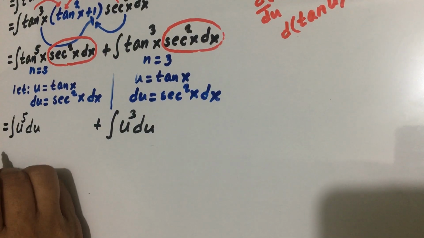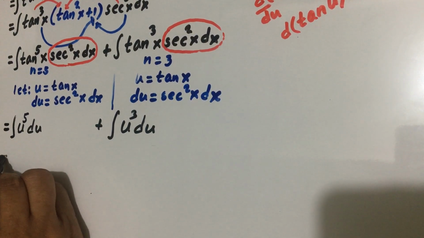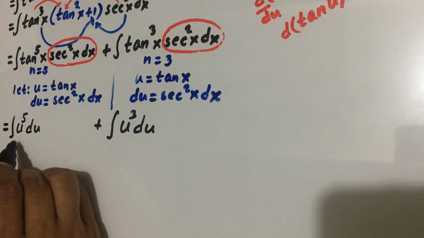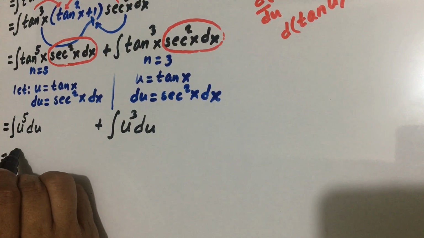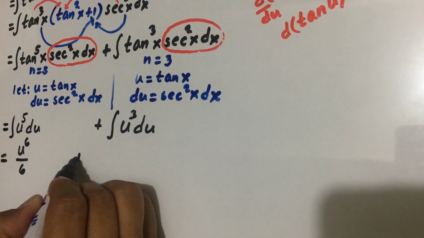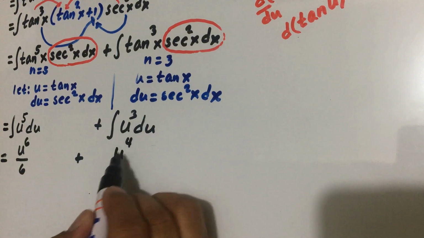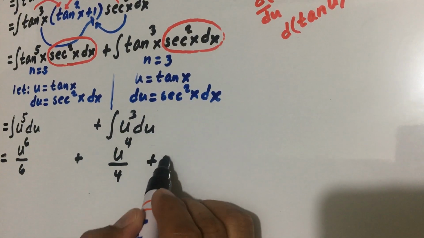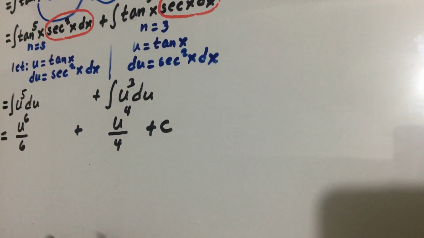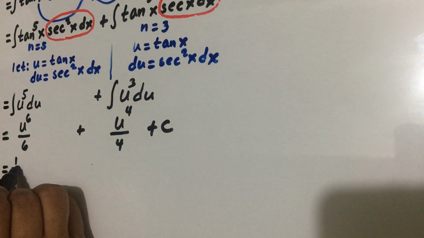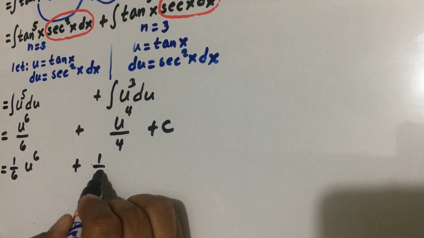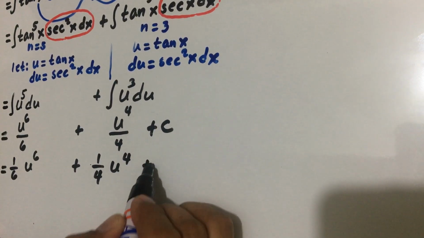Using the power rule for our integration, we have u to the n plus 1. So this is u to the 6 divided by 6, plus u to the 4th power divided by 4, plus c. This is equal to 1 over 6 u to the 6, plus 1/4 u to the 4th, plus c.